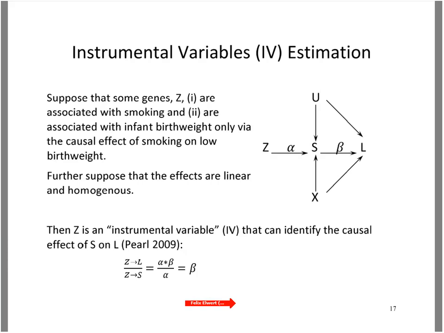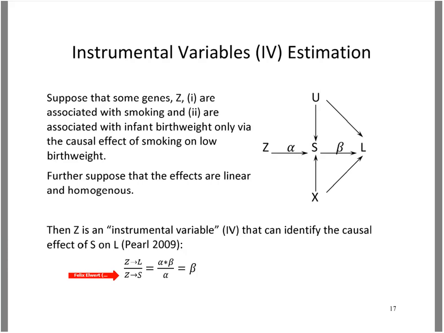So then you have these two estimates. The effect of Z on L is alpha times beta, and the effect of Z on S is alpha. You divide one over the other, and you have an estimate for beta, your desired effect of smoking on low birth weight. And this operation is going to work even if you have unobserved confounders U.